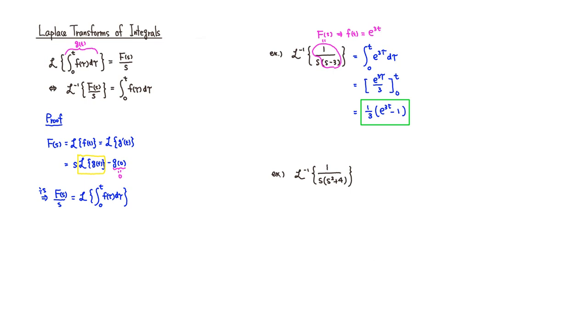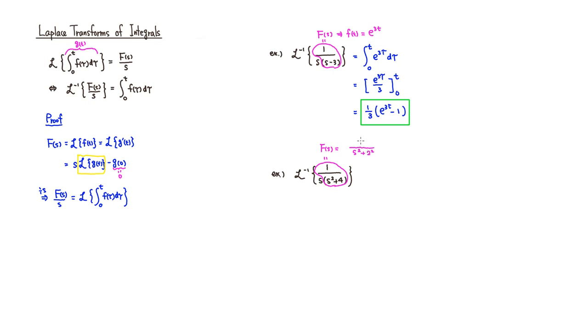So let's look at another one. This is basically the same trick. Capital F of s is this expression right here. I'm going to do a little bit of rewriting so that it's easier to find the inverse Laplace transform. So you have s squared on the bottom, and 4, I'm going to write as 2 squared.